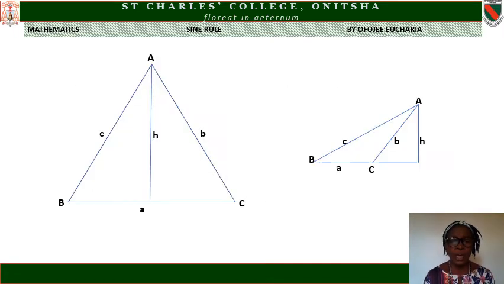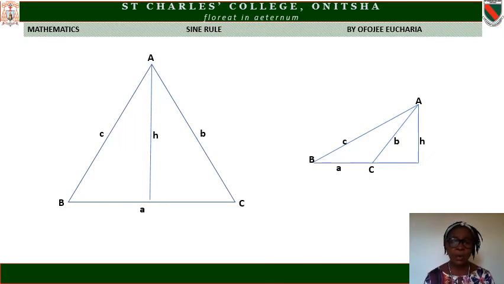So we are looking at two different triangles, but if you look closely, you can see that there is a line that divides the triangle into two, and that line we have as a small h. The line is added because we are going to use sine, cosine, and tan.